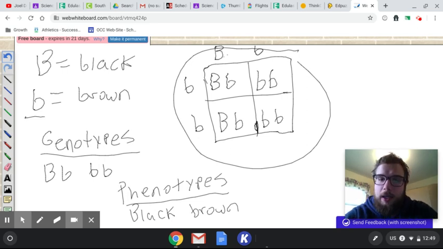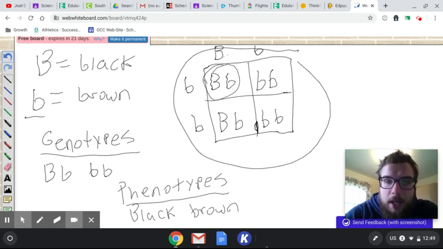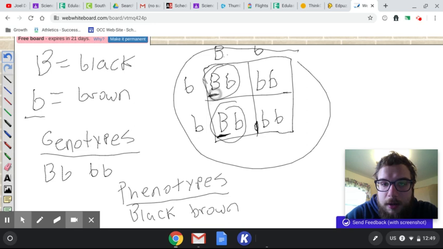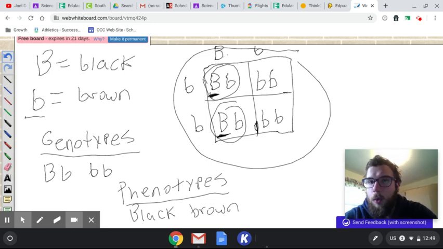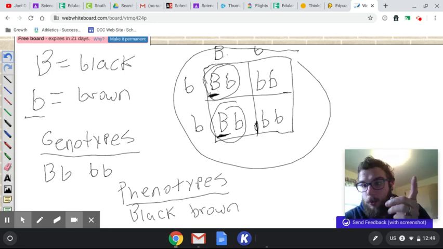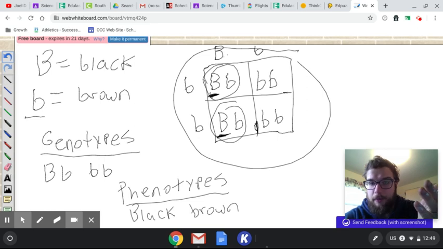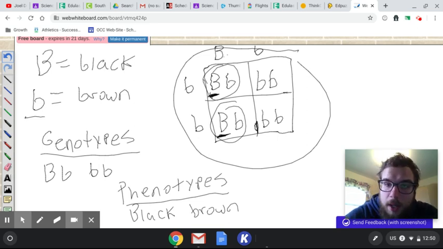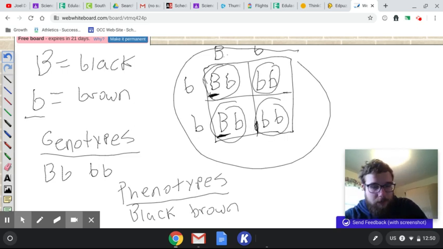Now, let's go back into the Punnett square. I've got 2 that I know are going to have black fur, because this is when you shout the answer out and I can hear you, because they have one big B in them. At least one big B equals whatever that trait is, black fur. Then I've got 2 here that do not have a big B. So I can guarantee those guys are going to be brown.